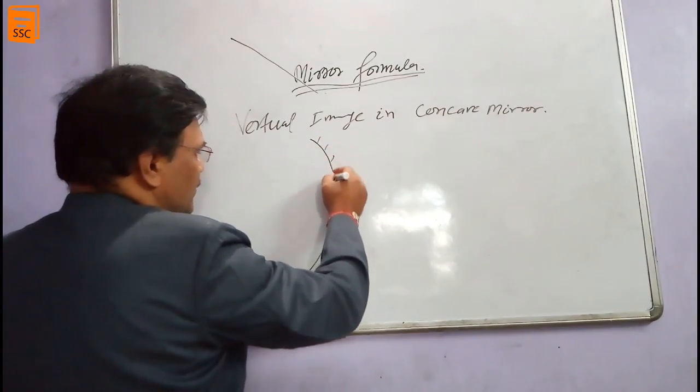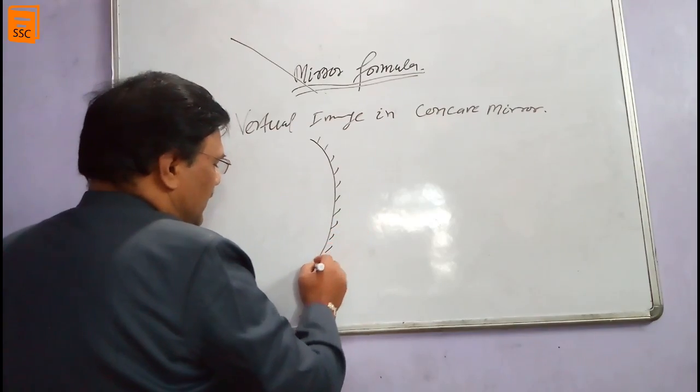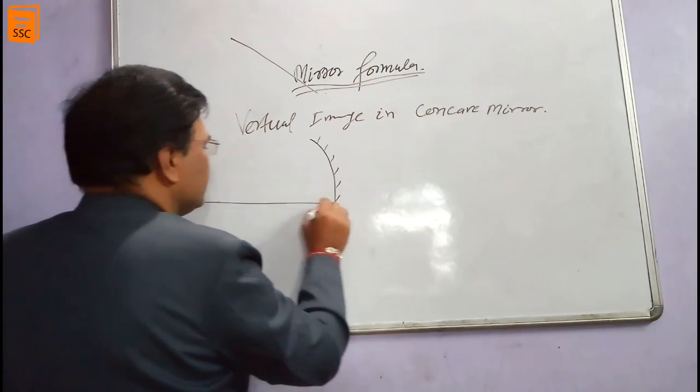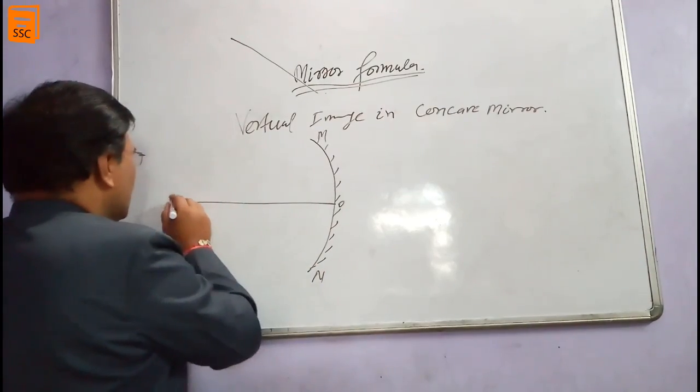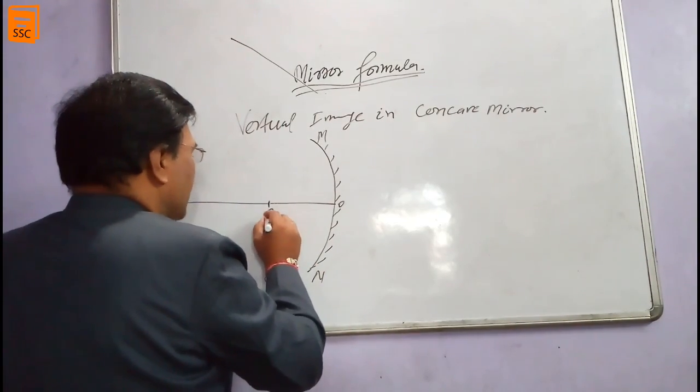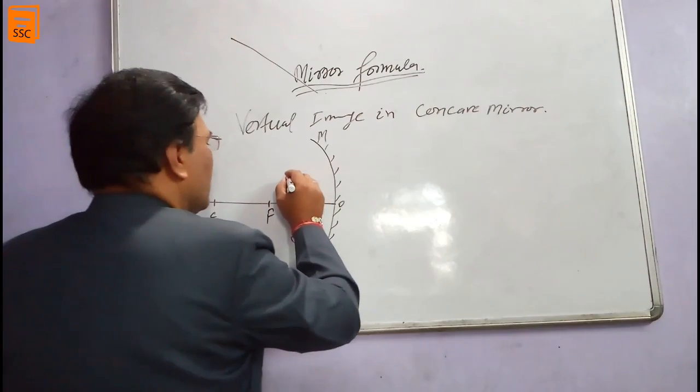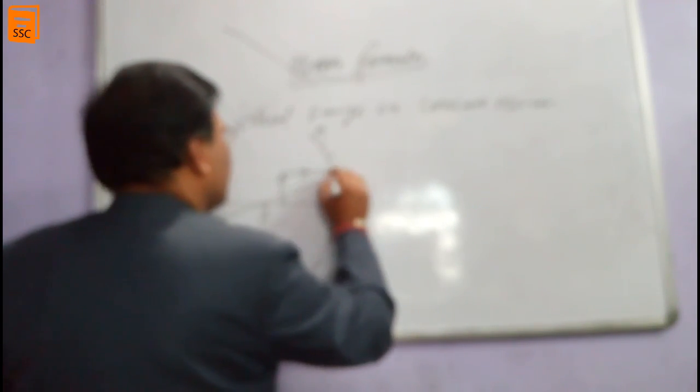Here is one position we have. When the image is virtual, it is M, O, N, it is OX. This one is F, this one is C. When the object is between O and F, what will happen? The first ray is parallel to the principal axis and passes through the focus.